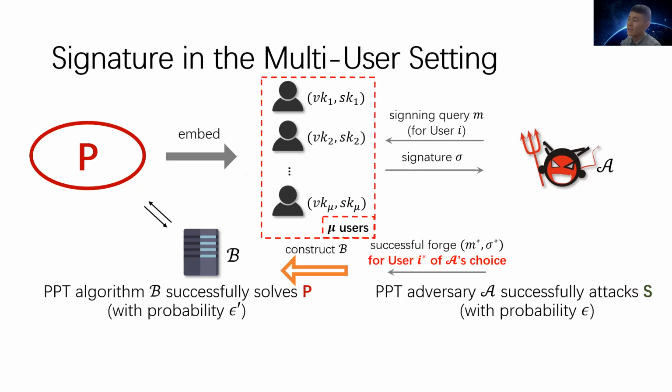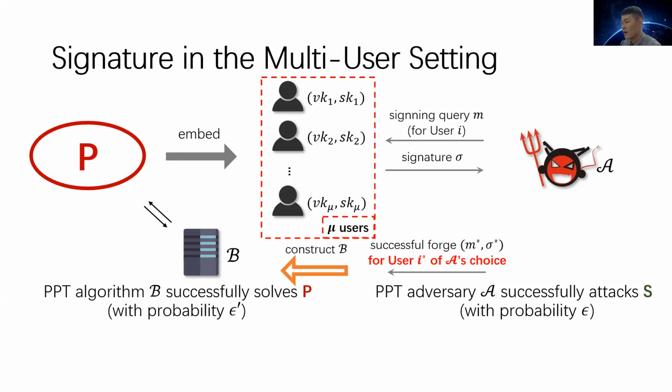The difference is that in the forgery phase, it wins as long as it can output a new forgery (M star, sigma star) for a user i star of its own choice. Here, the security loss is defined by epsilon over epsilon prime. Tight security means that the security loss is a constant, not depending on mu.